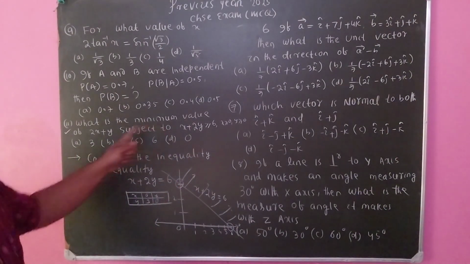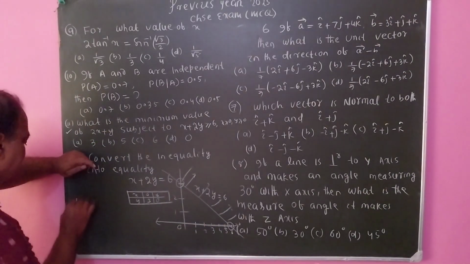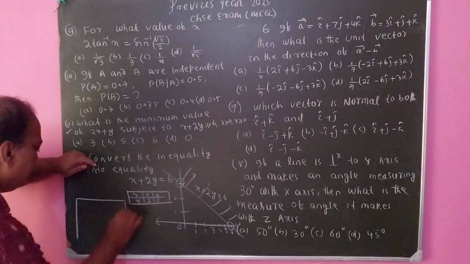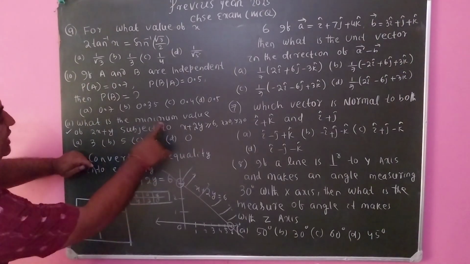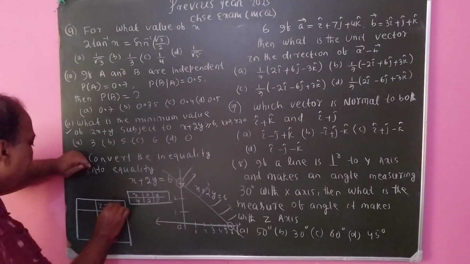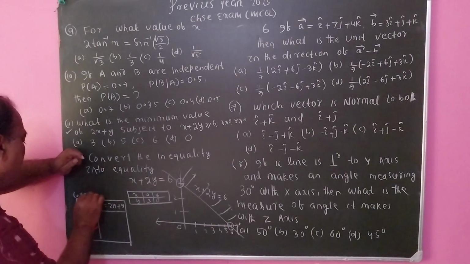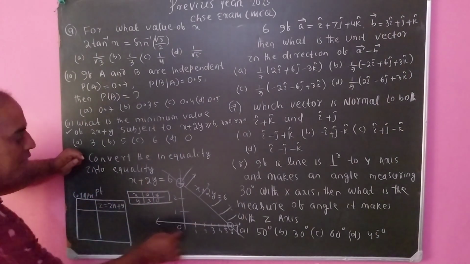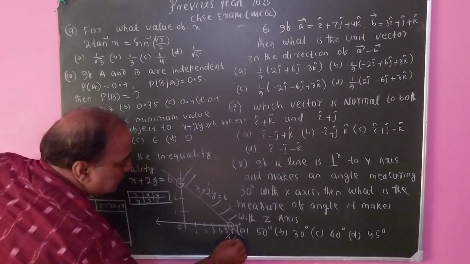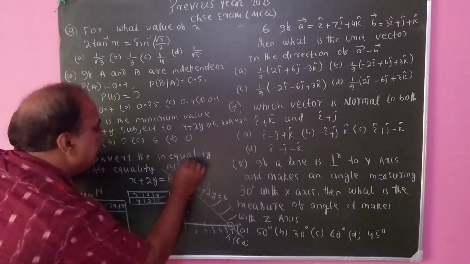So evaluate the objective function at each corner point. Here the objective function is 2x plus y. Write down the corner points. Here one point A is (6, 0) and another point B is (0, 3).